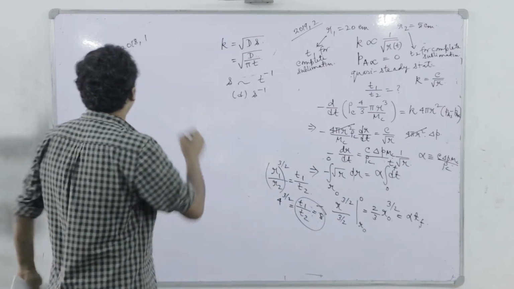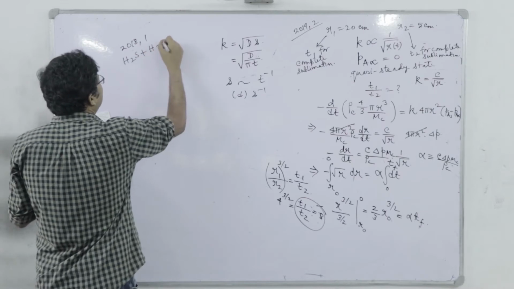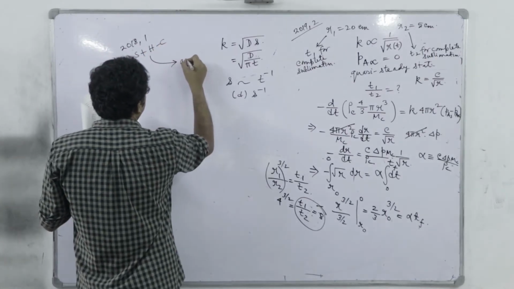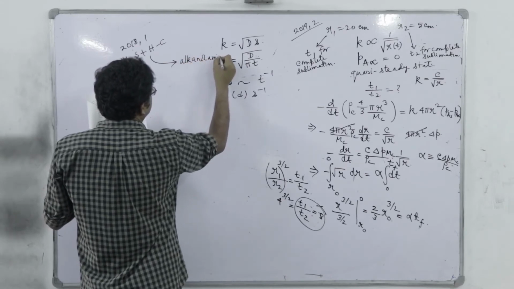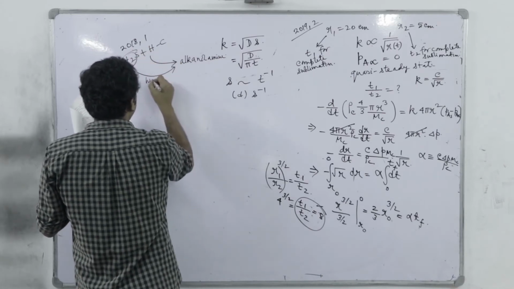So we have to compare here. So our system is H2S plus hydrocarbon and solvent is alkanolamine, where H2S is highly soluble.